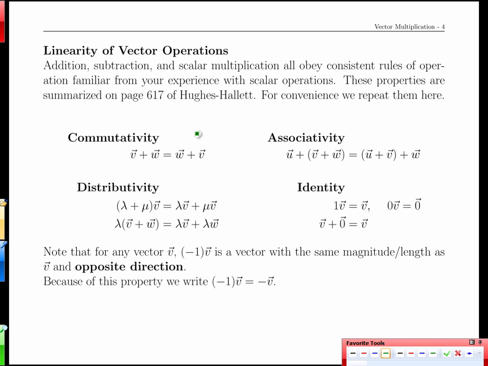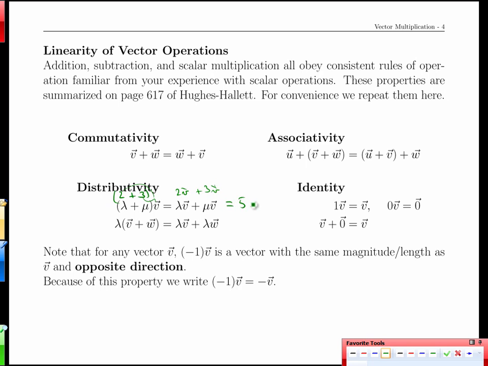Now, most of the other operations that we'd expect with multiplication by scalars apply here. Most of these are ones that we've seen before in terms of addition, but we've added a couple terms here. Distributivity. Let's do a quick example here. If we had two numbers in parentheses times a vector, well, we could take 2 times the vector and then 3 times the vector, or 2v and 3v, and guess what?